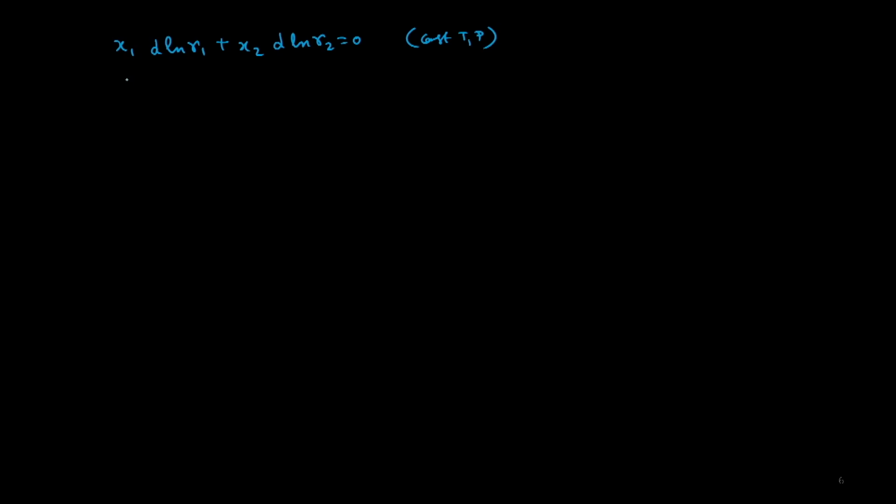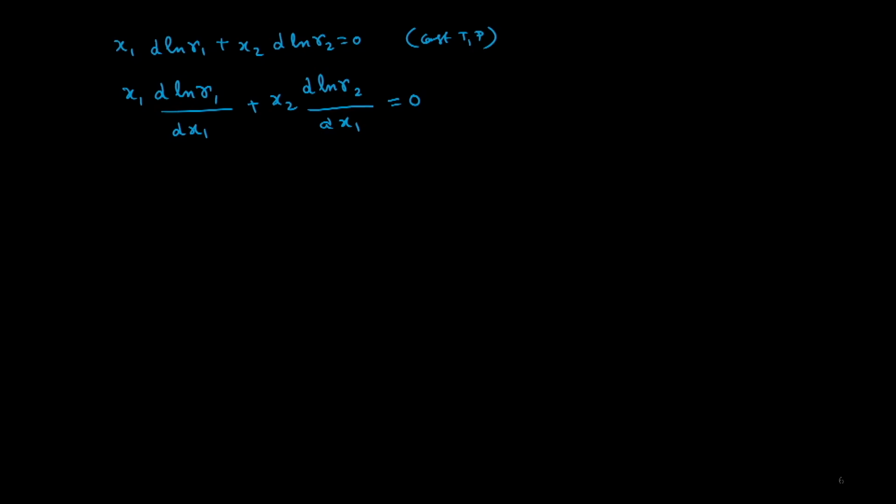So that derivative is taken with respect to the composition or the mole fraction. Let's take it with respect to mole fraction of species 1. It doesn't matter. It's a binary. We could equivalently take it with respect to mole fraction of component 2. But for now, let's say it is with respect to component 1. So this is the Gibbs-Duhem equation written in terms of activity coefficients in a binary mixture at constant temperature and pressure.